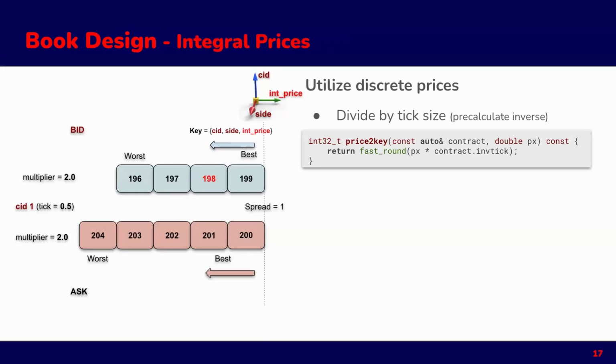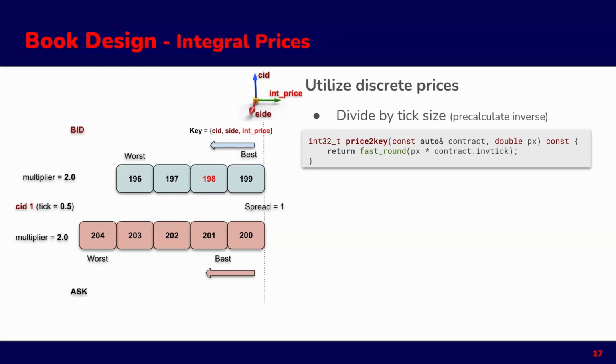Another important point is that the prices are discrete, so we want to exploit that. We don't want to deal with floating point prices, so we convert the price to an integer. We have a tick size, so we can divide by tick size, or better, multiply by the inverse tick size. So all prices are integral.